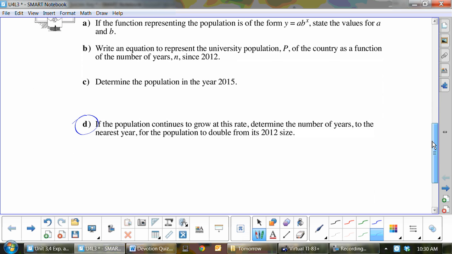So it says, in what year, so we're going to do D, in what year would it double? Okay? So what would be my Y? 320,000. So 320,000 would equal my A, which is 160,000.